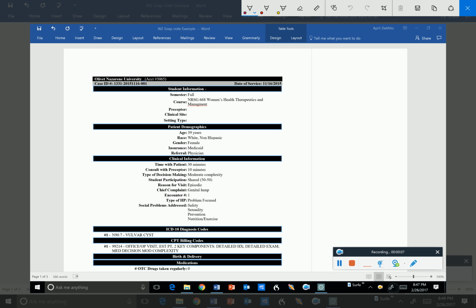Because if you have not documented enough, the insurance company may come in and say, we're not going to pay for that visit. It's not justified. Also, as healthcare providers, we are periodically subject to chart audits by government agencies, Medicare, Medicaid, to ensure that we are not upcoding.